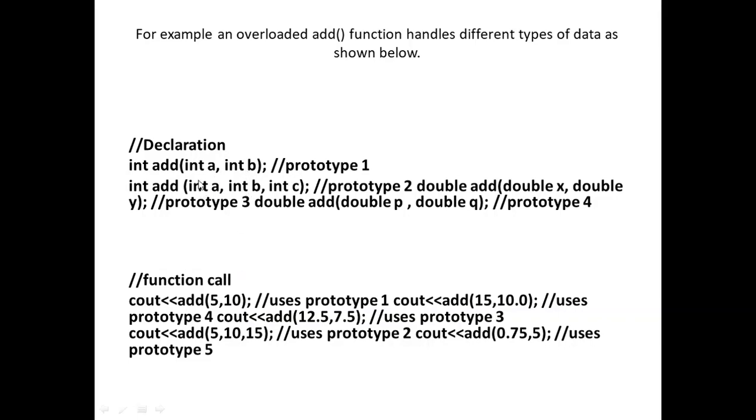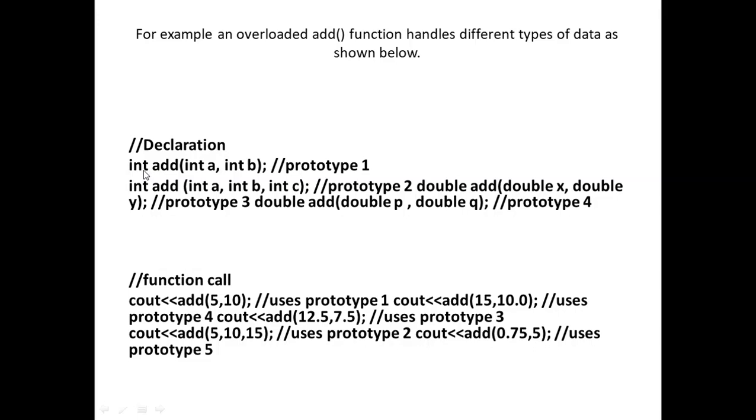But in another case, like int a, b, c, add is the same function, but here we are using three inputs. Add is the same function, but here we are using three types of data. Sometimes we will use double data, which means the return type of the function may change.